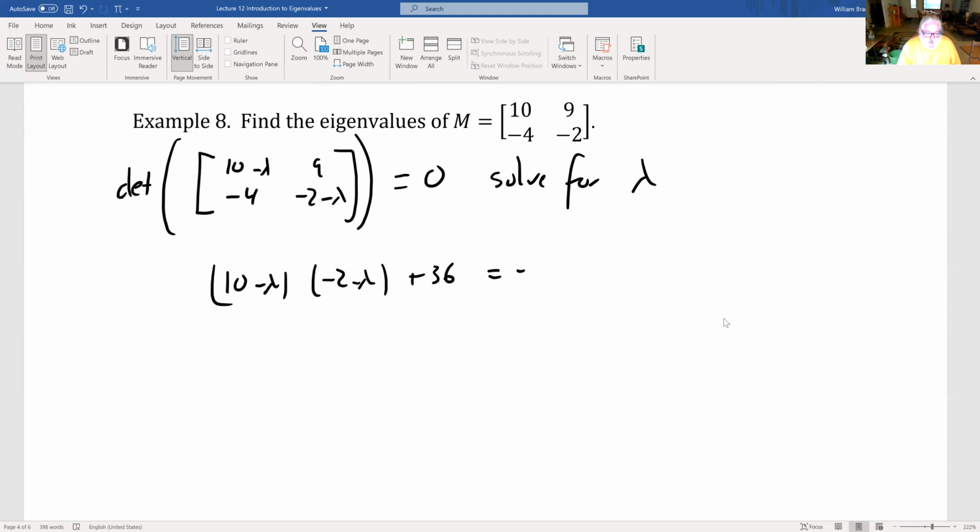So we get -20 plus 2 lambda, -10 lambda, plus lambda squared, plus 36. So it's lambda squared -8 lambda plus 16.